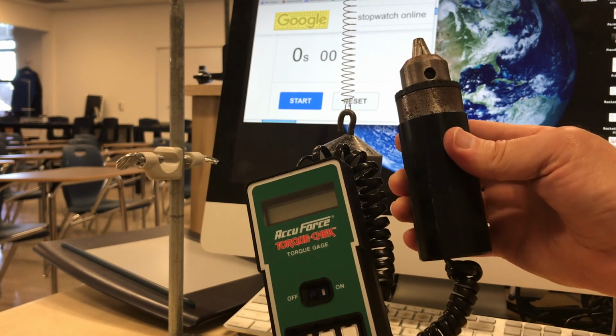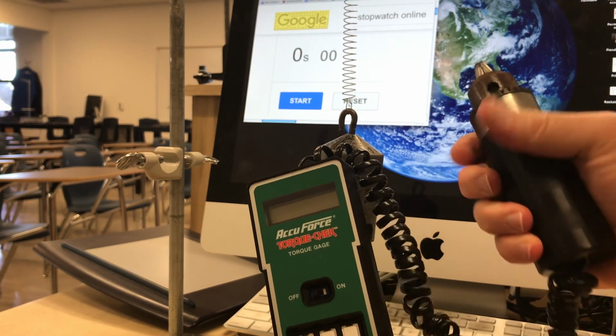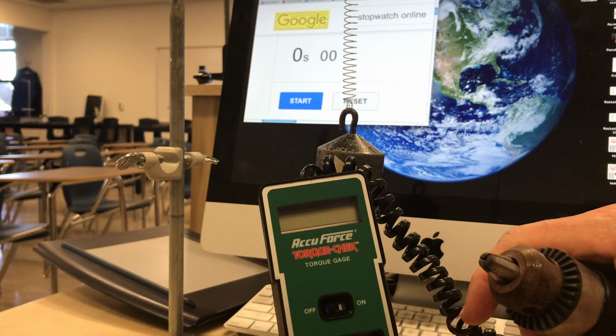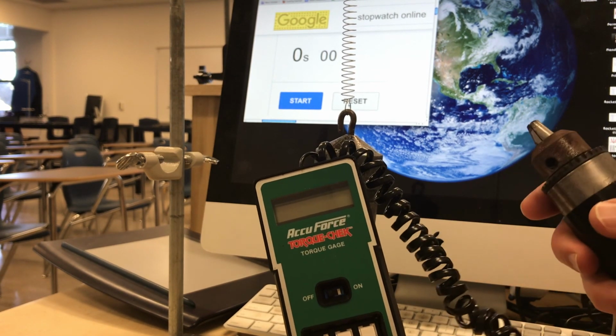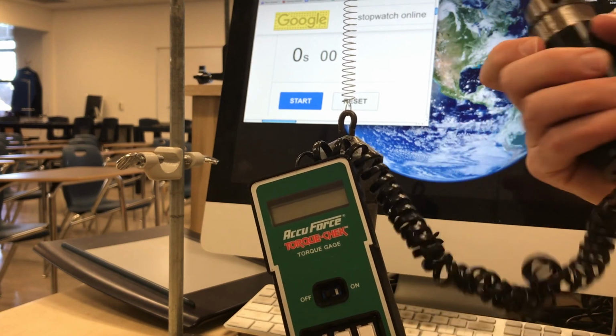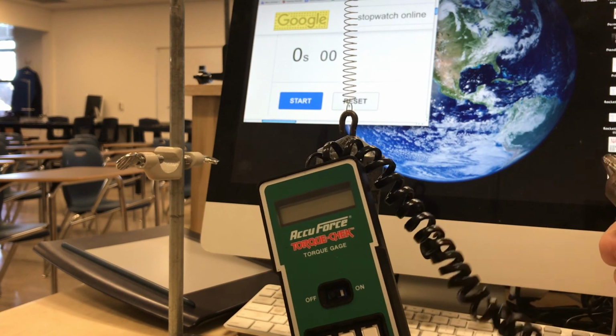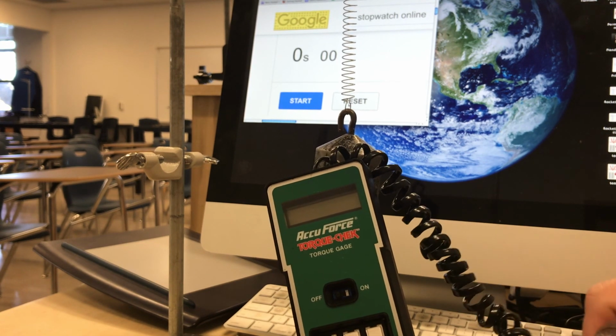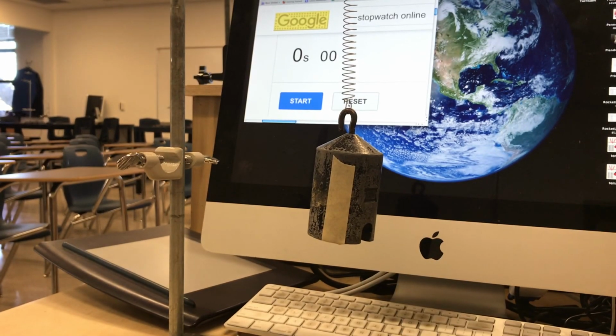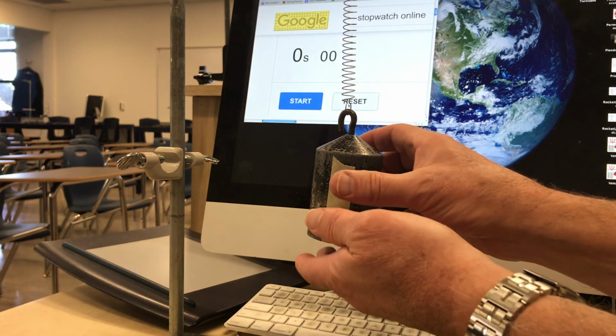I attached it to the spring and twisted it, and then the amount of torque it took to hold it would show up here in ounce inches. So I had to convert that to Newton meters, and I'd twist it more and write it down, and we could do a graph just like we did in the lab, except in this case it'd be the torque versus the angle in radians. And so you saw that data, and so we've made our prediction, 3.6 seconds.